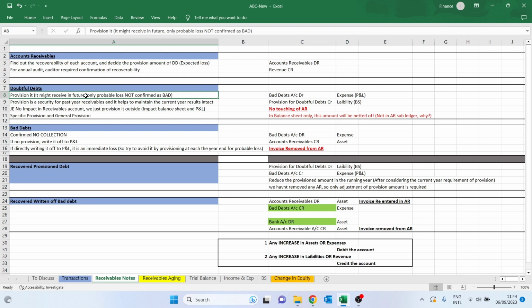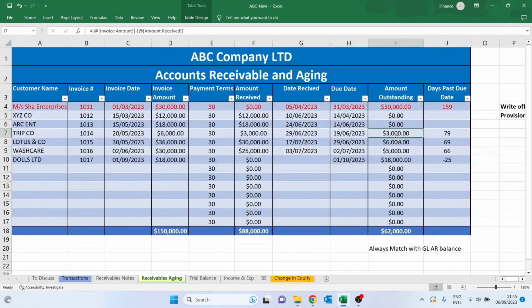This provision is a security against the previous year's receivables. If there is a provision in our books from last year, that secures our current year profit. So we need to make a provision for this 3000.